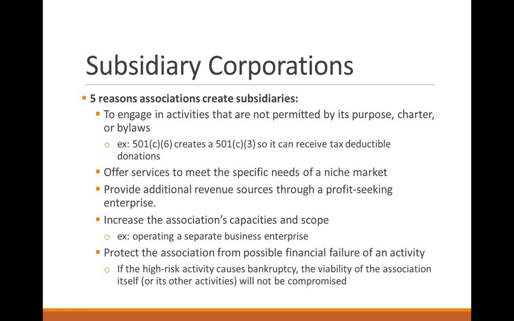Maybe it wants to offer services to meet the specific needs of a niche market, provide additional revenue sources through a profit-seeking enterprise, increase the scope and capacities of the association, or protect the association from possible financial failure of an activity. So if they take on a high-risk activity and that causes bankruptcy, having that activity occur in a subsidiary corporation can protect the viability of the association itself or its other activities.